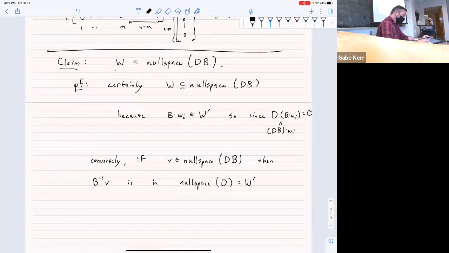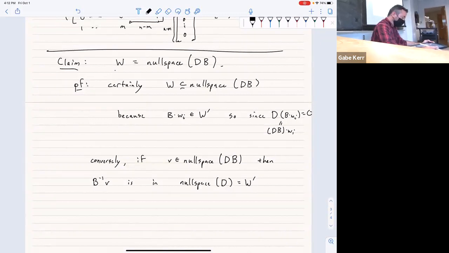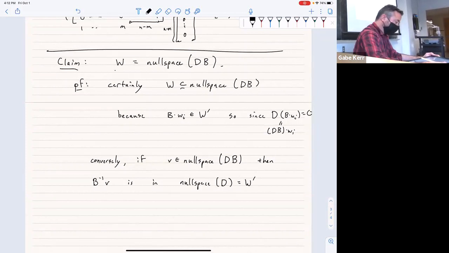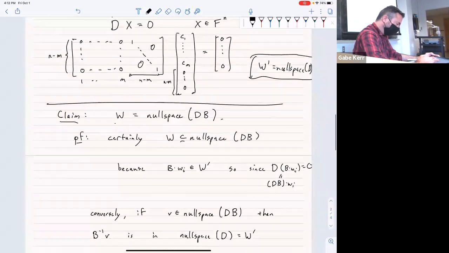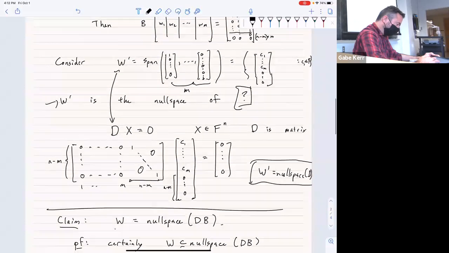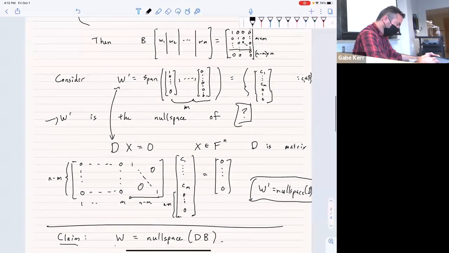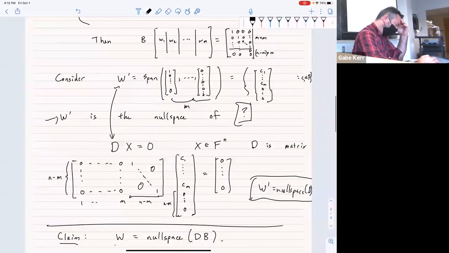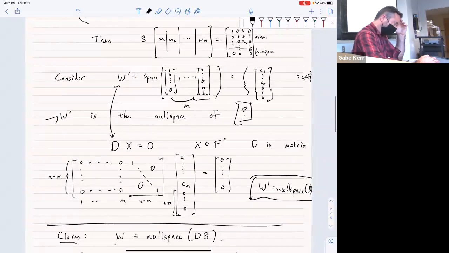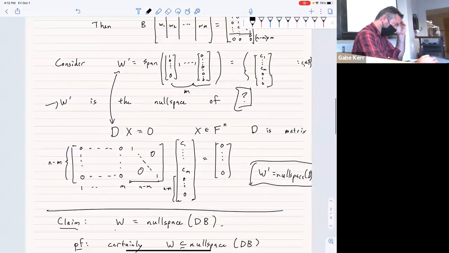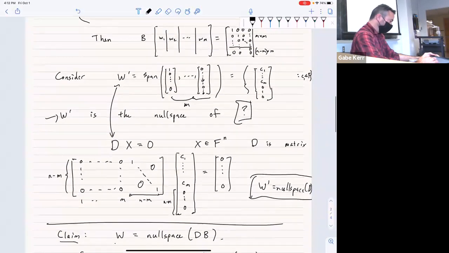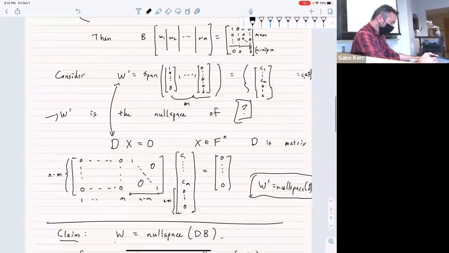Right, but then what is B inverse? Okay.